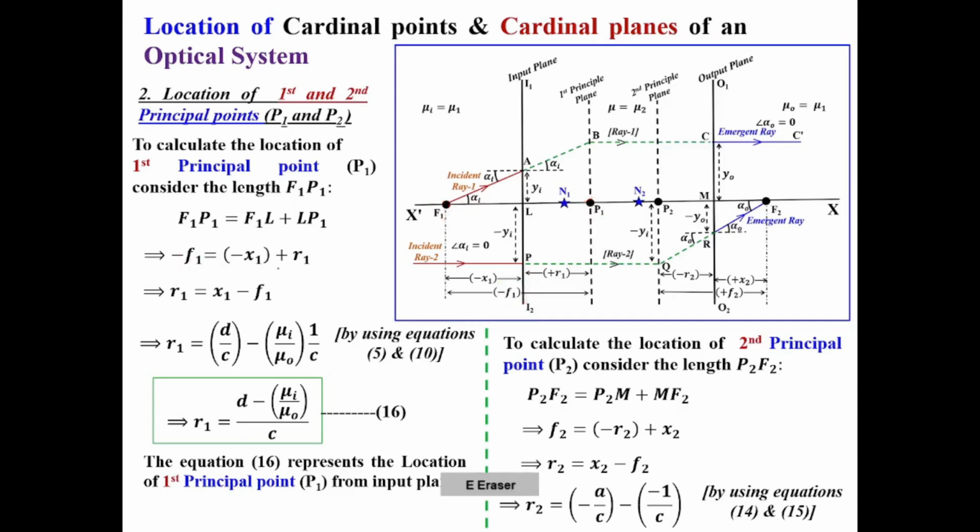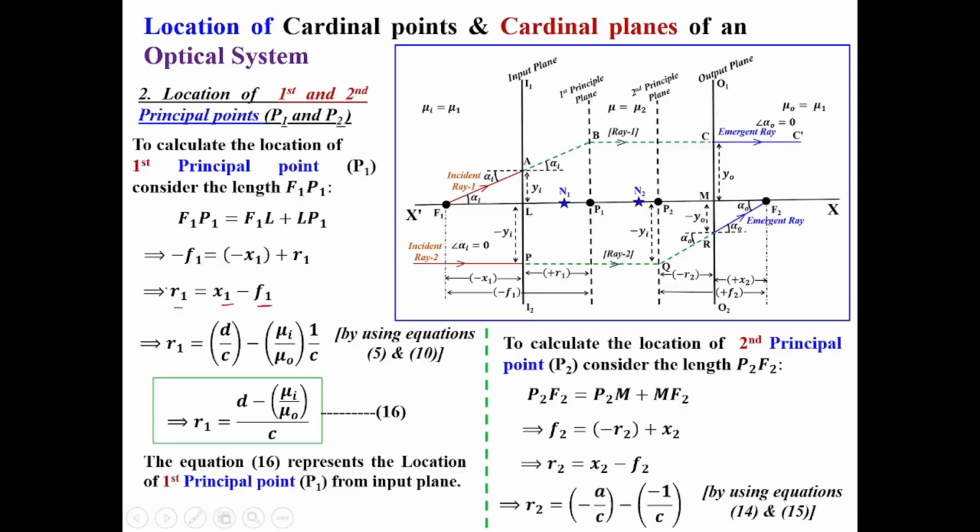It is equal to F1L, taken from the input plane towards the left, so this length is also considered minus x1, plus LP1, L to P1, this length, which is plus R1. That implies R1 equals x1 minus f1.